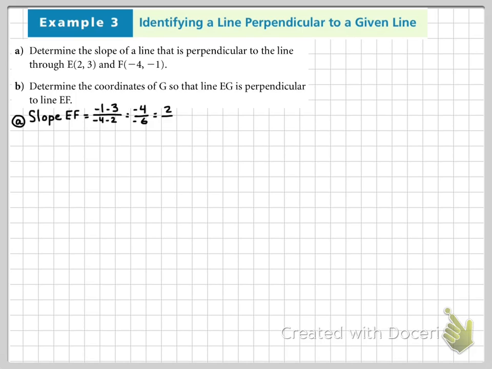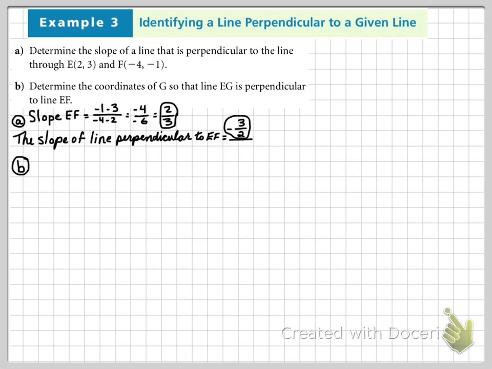So that'll reduce to 2 over 3. That means the slope of a perpendicular line is going to have to be the negative reciprocal of 2 over 3, so that would be the negative of 3 over 2. So the slope of the line perpendicular to EF is -3 over 2.